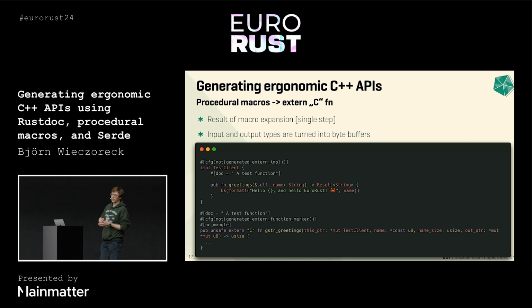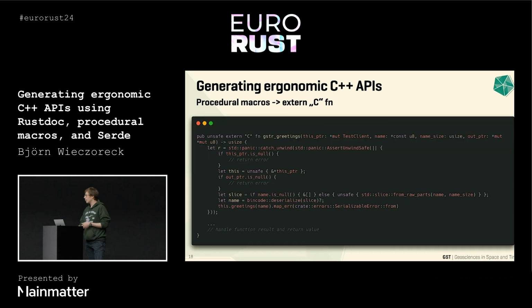It has a prefix now, GST and GSTR as prefixes. That's just in our code base. But as you will see, the only thing that remained is this pointer to a test client. But name is not a string anymore. It's now a byte buffer with a certain size that we provide. And the result is the length of what we've written into this output pointer.